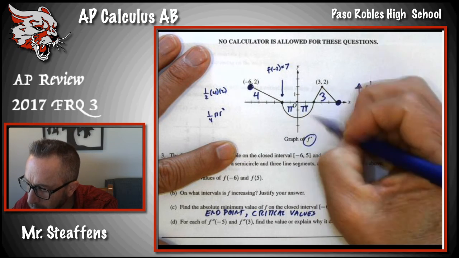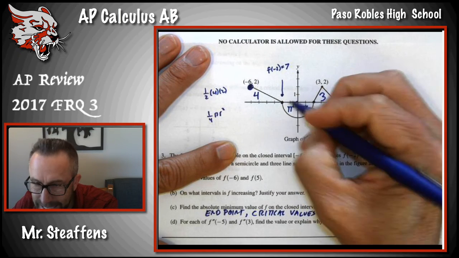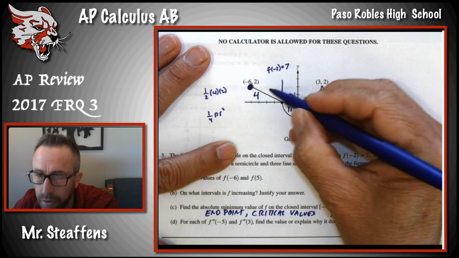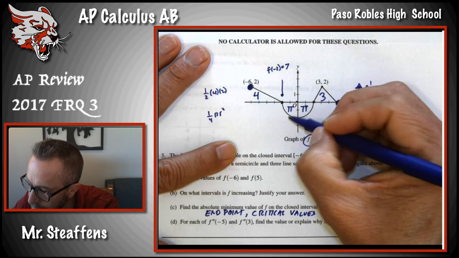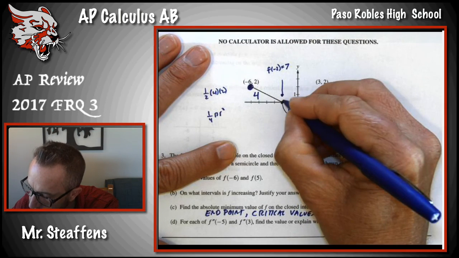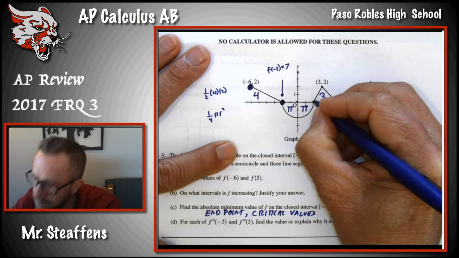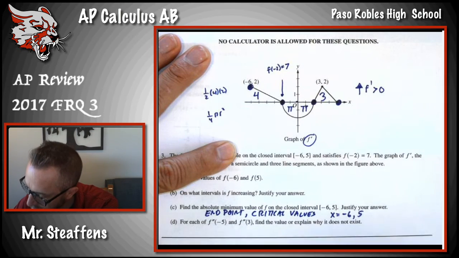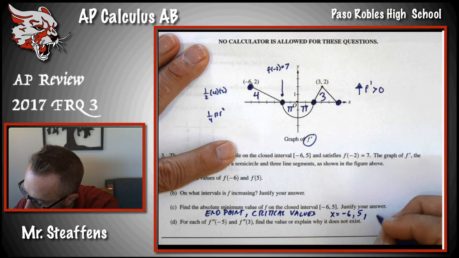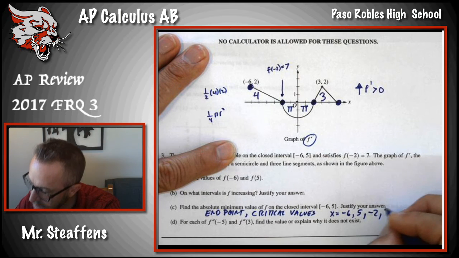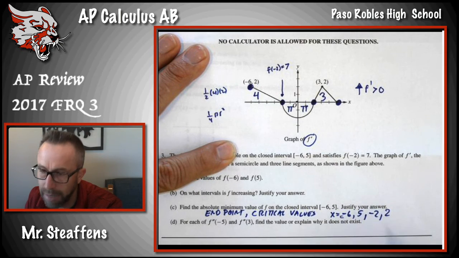If the f prime graph crosses 0, then f prime goes from positive to negative or from negative to positive. So you can see there's a value here and there's a value here where that happens. So I'm also going to have to check -2 and +2. So those are the 4 values that should be in my table.